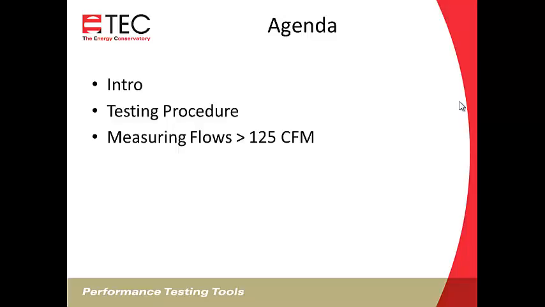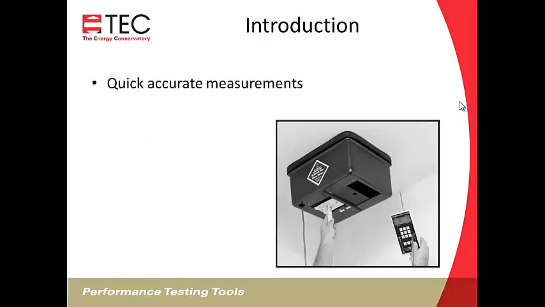So we will talk about some methods for flows greater than that, and then the question we get the most from our customers is how do you measure the flow through those pesky range hoods. So we'll be talking about some different methods and options that will allow you to do that in most cases. There are some cases where conditions just aren't right and there's not a practical way to get an accurate flow.